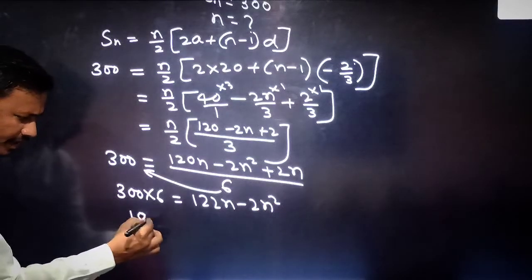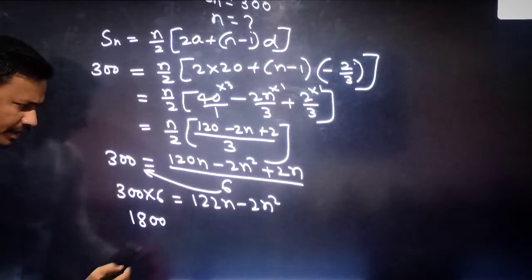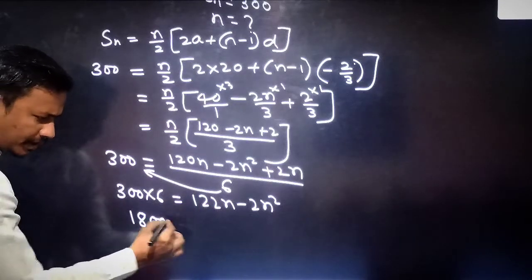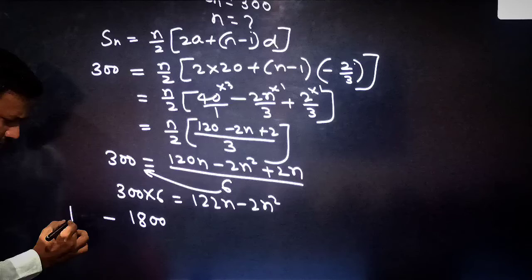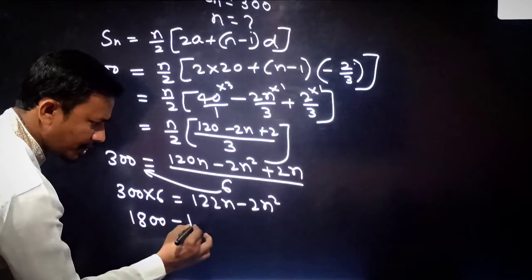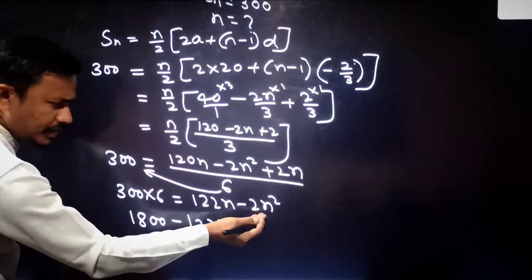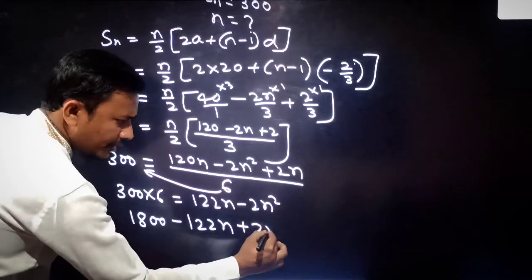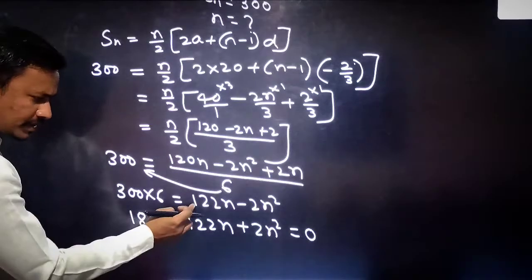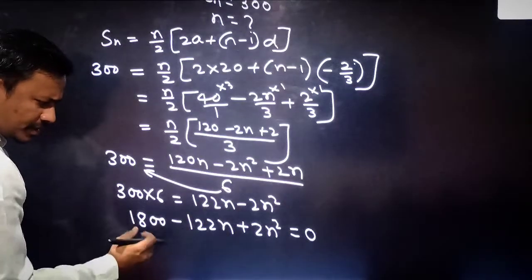Next 1800 plus 122n, it will become minus. Minus 122n minus 1800, it will become plus 2n square is equal to 0. Correct? Minus is plus, is minus, is plus.